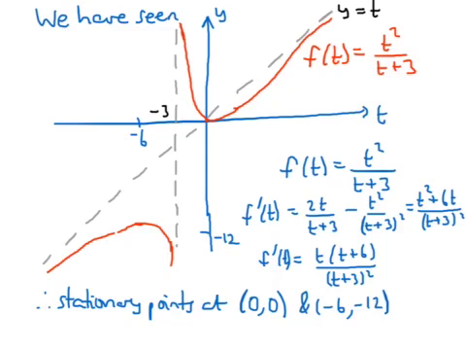We've really completed the sketch. However, for completeness, on the next slide I will just calculate the second derivatives and show that here at this minimum our second derivative is positive, and that here at the maximum our second derivative is negative.